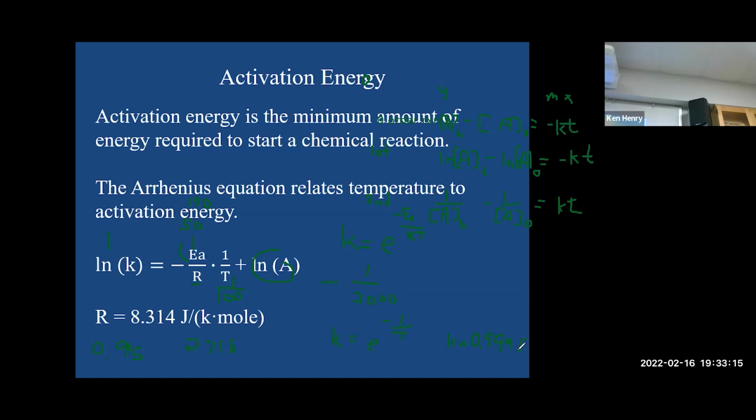Because as temperature increases, things happen faster. Like we were talking about food, if I leave my food out on a hot summer day, it's going to go bad a lot faster than if I leave it out in the winter, right?